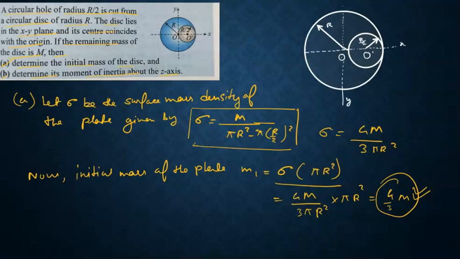Part B asks us to determine the moment of inertia about z-axis. So we have to find the moment of inertia about z-axis. So let's do it.